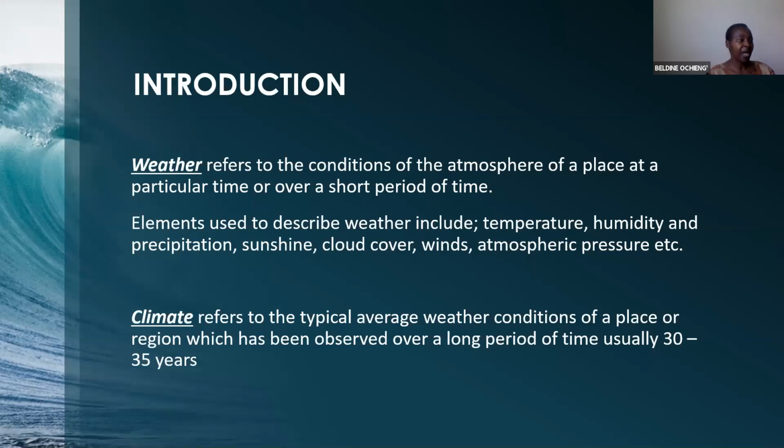Conditions of the atmosphere. The elements that we'll be using to describe weather include temperature, humidity, precipitation, more so rainfall, sunshine, cloud cover, winds, atmospheric pressure. Those are the ones under weather.